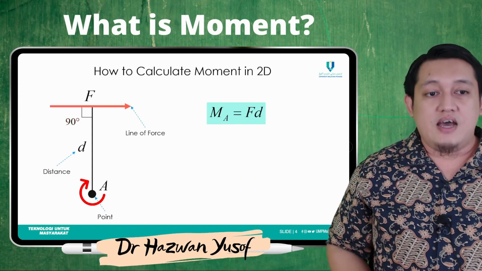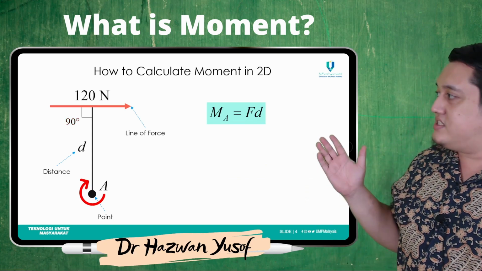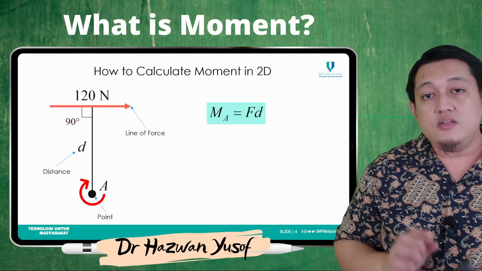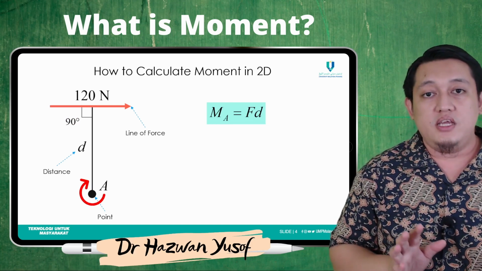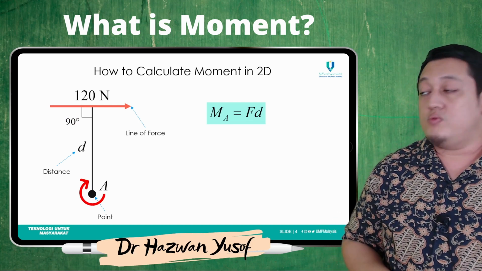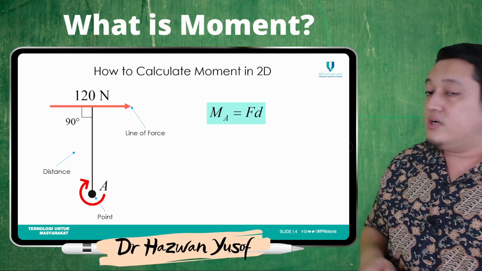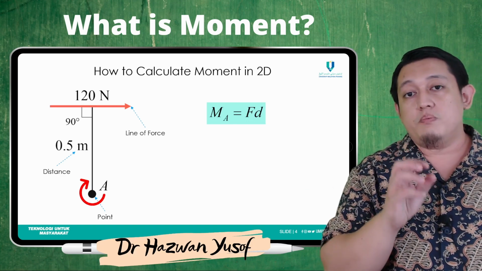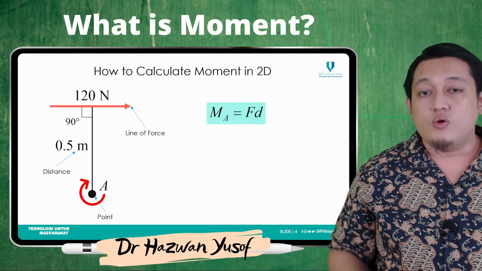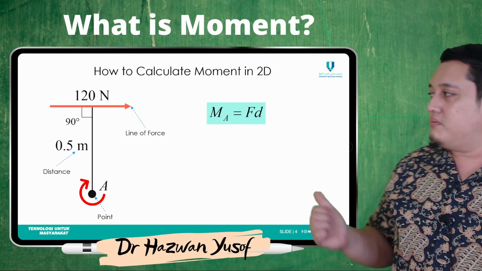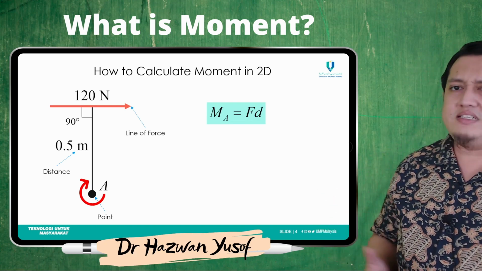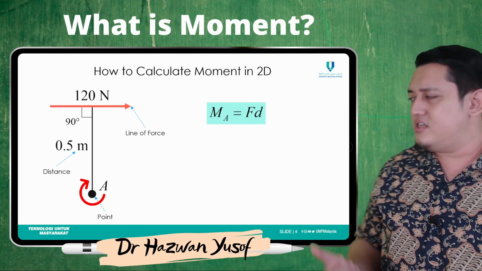Now, let's change our force here into 120 Newton, and we also change our distance into 0.5 meter. So what is the value of moment at A? Easy, just insert all the values into this equation.